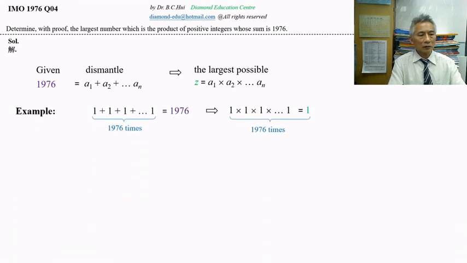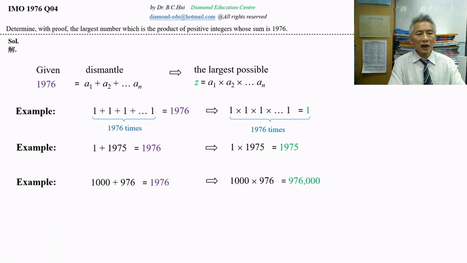For example, if we put n equals 1976, so n number of these ones, when added up together, equal 1976. And the product of these ones equals 1. We can divide 1976 into two parts, 1 plus 1975, and the product of them equals 1975.